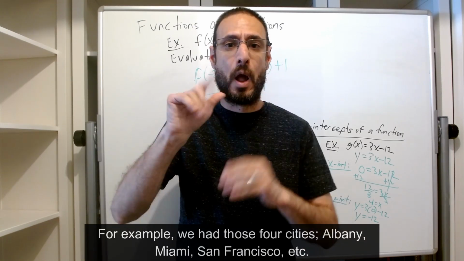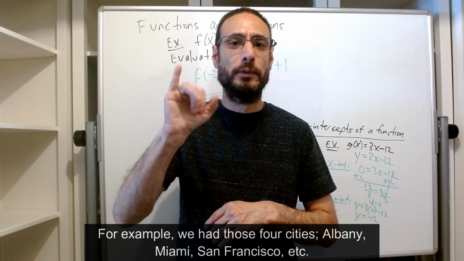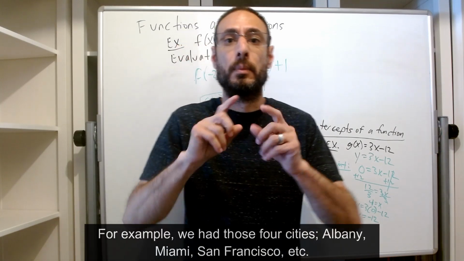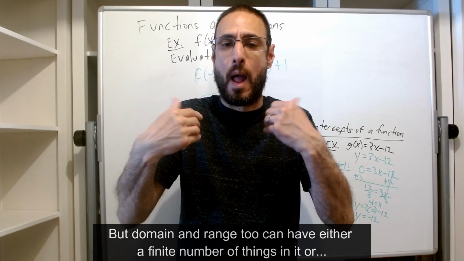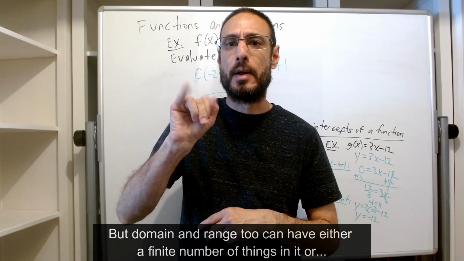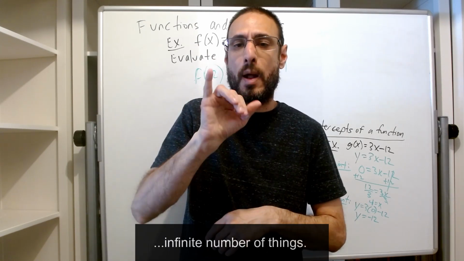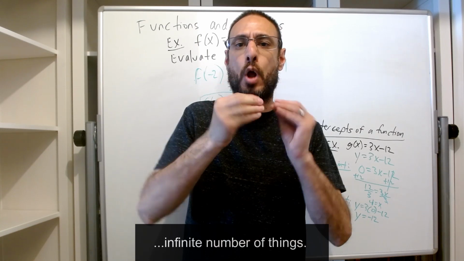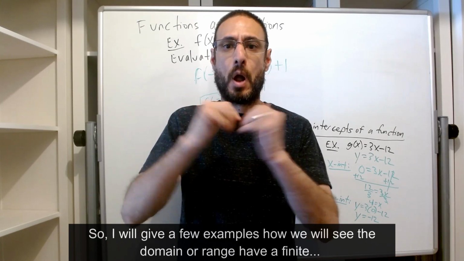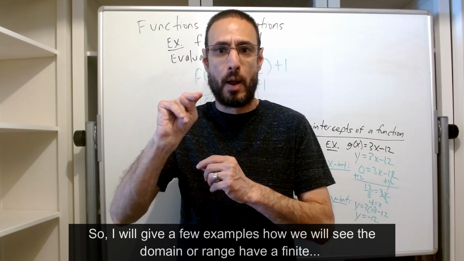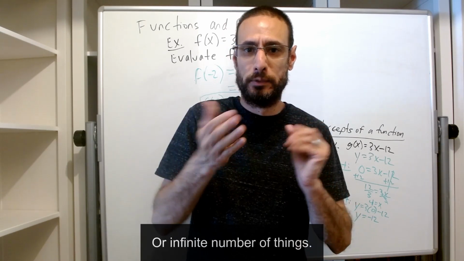For example, we had those 4 cities: Albany, Miami, San Francisco, etc. But domain and range too can have either a finite number of things in it or an infinite number of things. So, I will give a few examples of how we will see the domain or range have a finite or infinite number of things.